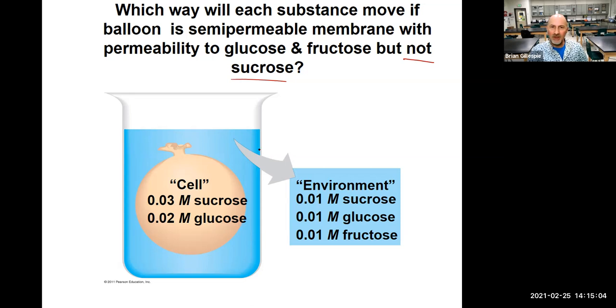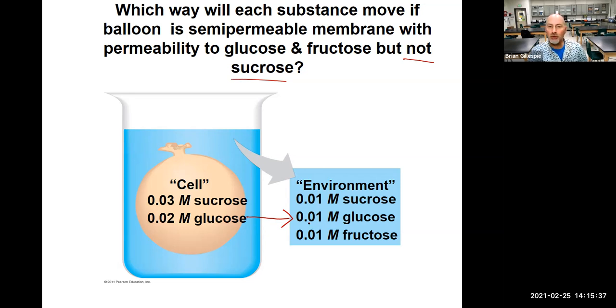Glucose, on the other hand, can pass across the membrane, but what direction is glucose going to go? Well, there's more glucose inside the cell than outside, so we are going to get diffusion of glucose from inside the cell to the outside, and it will continue to diffuse until we reach an equilibrium state. But where is that equilibrium state? Well, it would be the halfway concentration between these two.